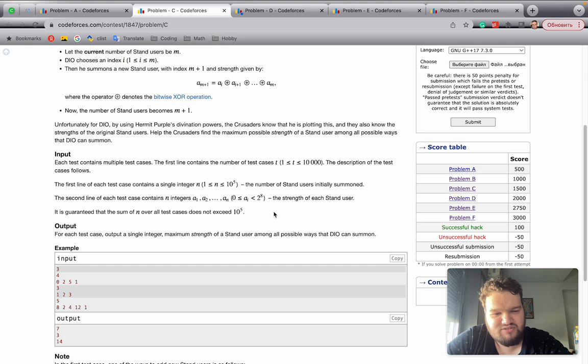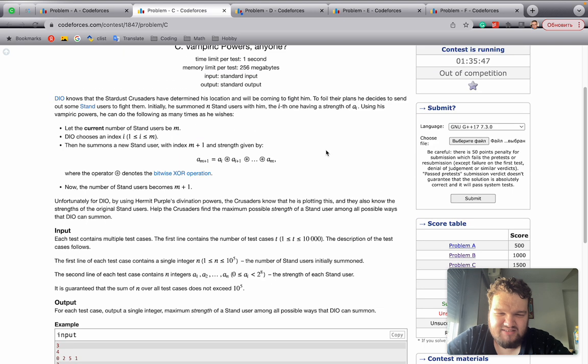It is tempting to say that we just mark all of them and then try all the pairs in 2 to the 8 squared, but because of multitest, that is slow. Actually, 2 to the 8 squared times 10,000 tests is not great.